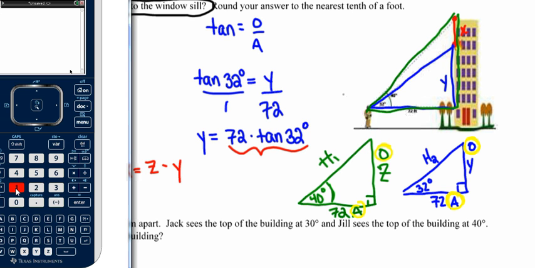And then into that, I wanted to compute the value of 72 times the tangent of 40 degrees. And from that, I want to subtract 72 times the tangent of 32 degrees.